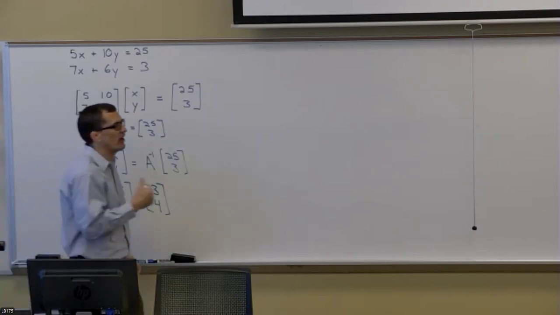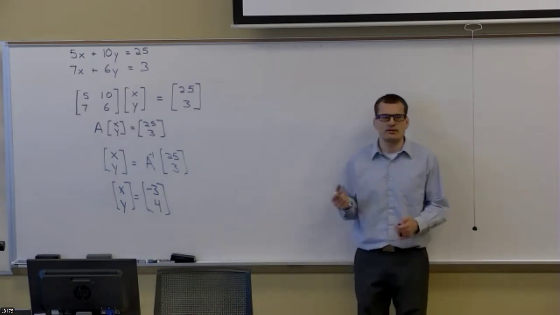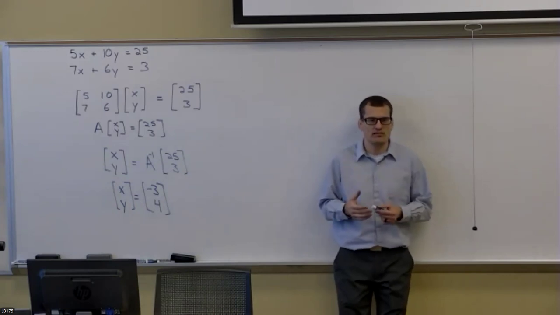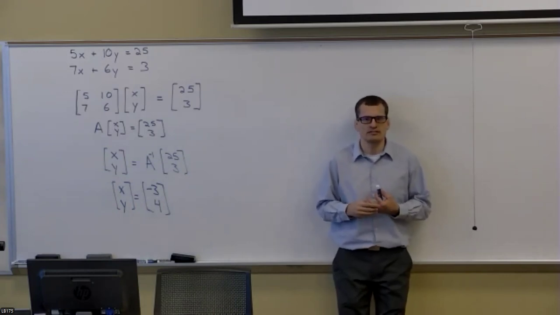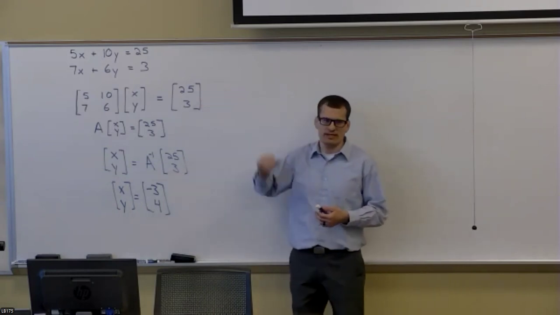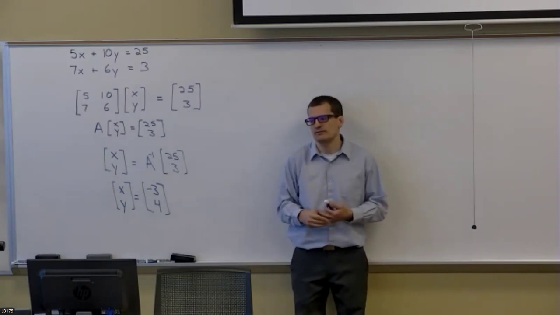So you can solve systems of linear equations with inverse matrices as well, if you write out your system of linear equations as a matrix equation. Okay. And this can be done for any system of linear equations.